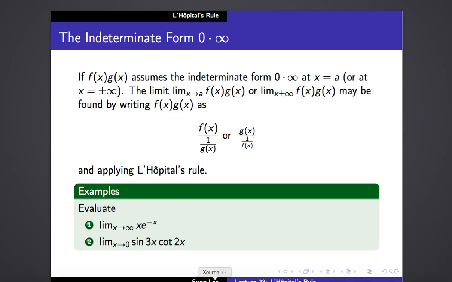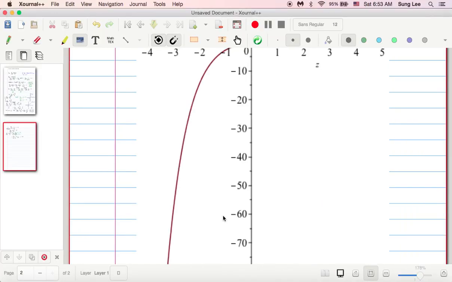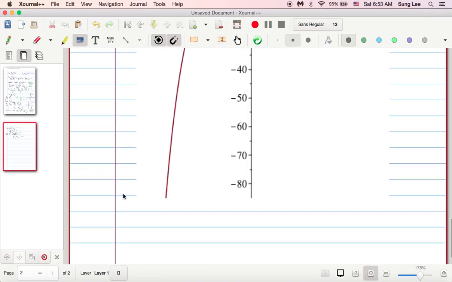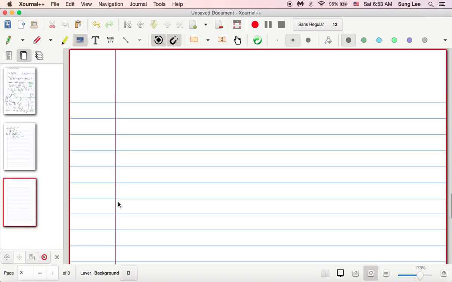All right, so I'm going to move to my notepad. I don't have enough space, so I'm going to move to the next page. So example, we want to calculate this limit here.